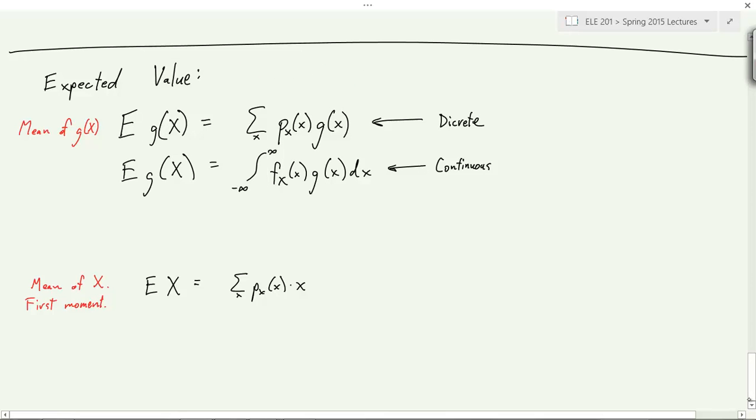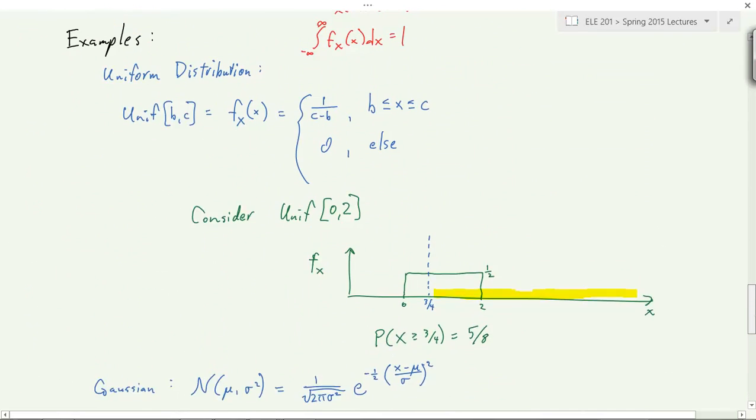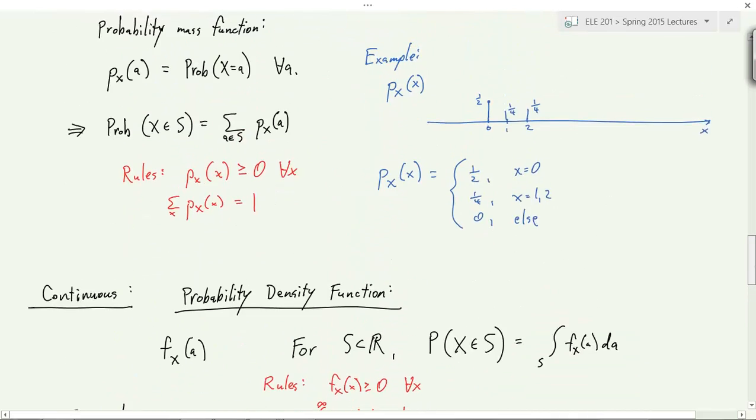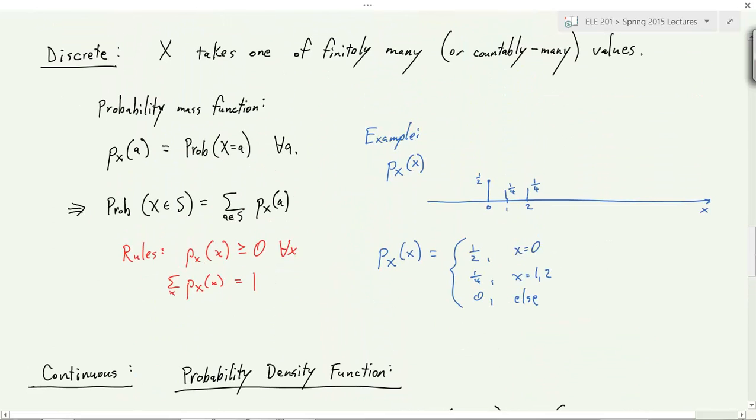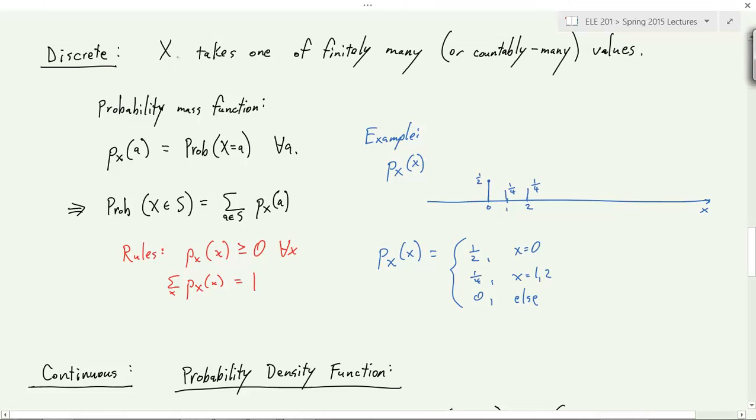Okay. So let's go up and look at our examples and calculate the means of these random variables. Up here, the expected value of x is going to equal, well, we just take the three possible outcomes.